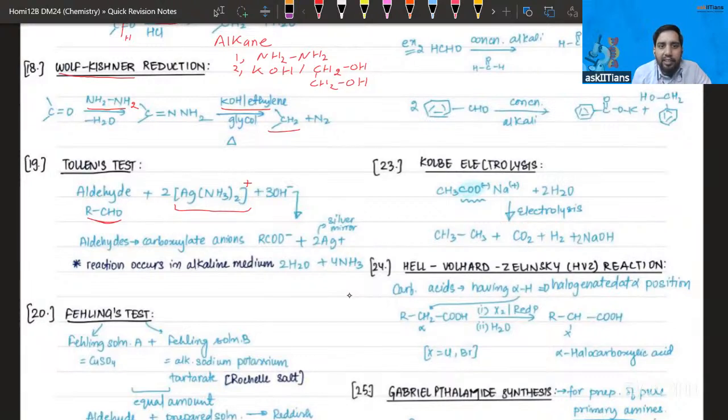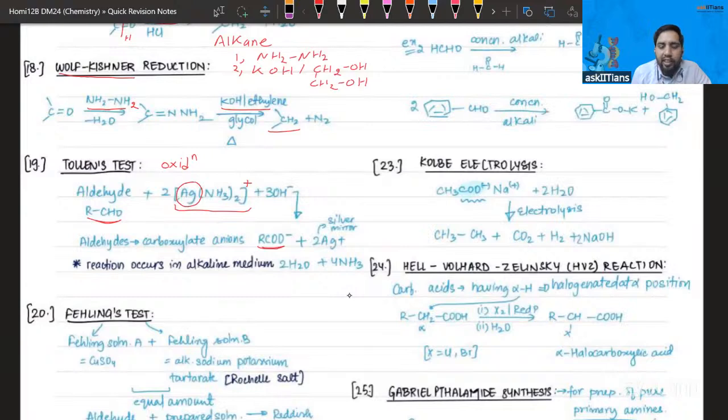When it reacts with Tollens reagent, it produces the carboxylic acid ion. So basically, this is an oxidation reaction. Tollens reagent is a mild oxidizing agent that converts aldehyde into a carboxylic acid salt. How do we know this is an oxidation reaction? You can see CHO is converting into a carboxylic acid salt, that is oxidation. They can also ask you the change in oxidation number of Ag.